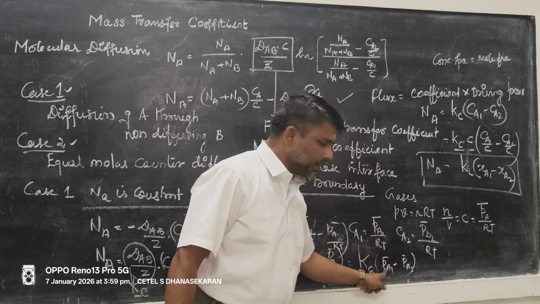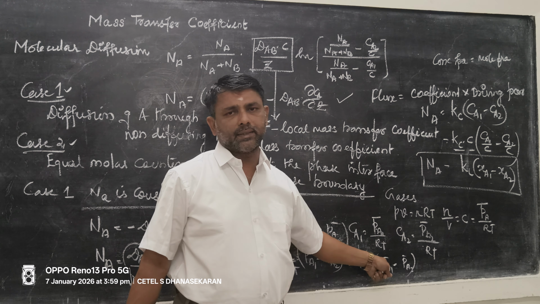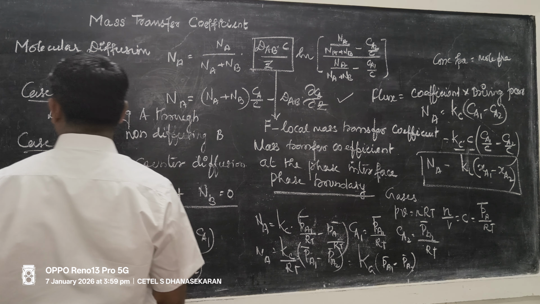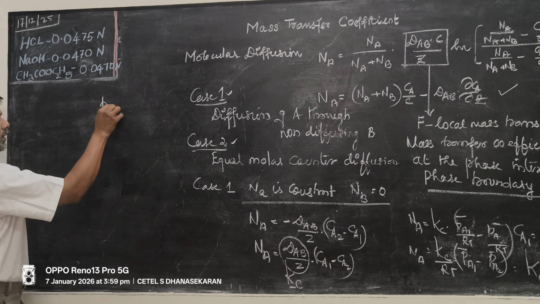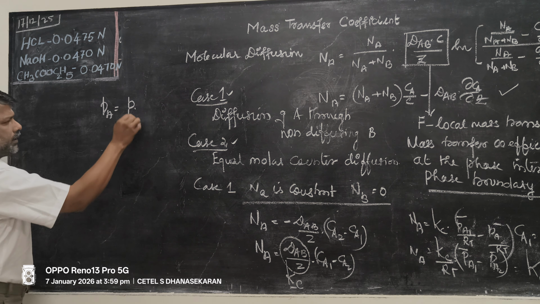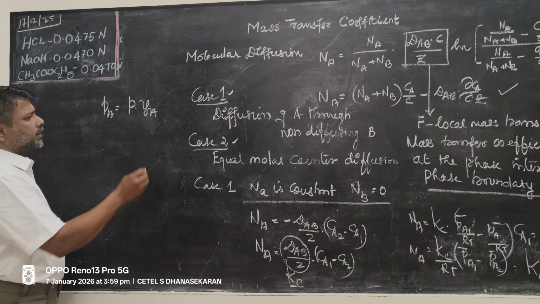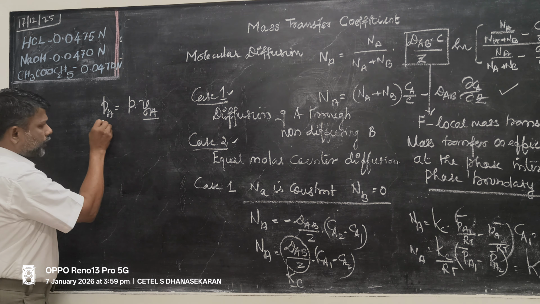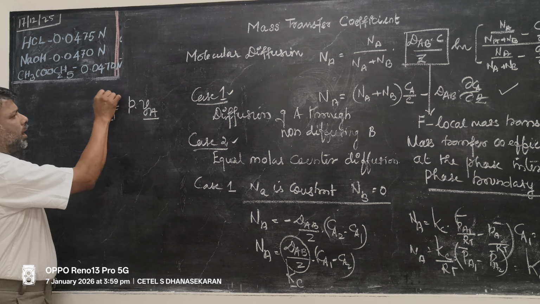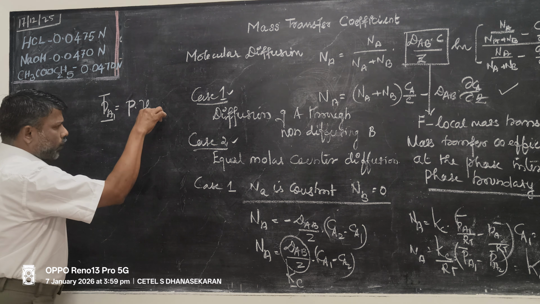Instead of partial pressure, you can use the mole fraction in gases. That means partial pressure of A is equal to total pressure into its vapor phase or gas phase concentration. This is the mole fraction of A in the vapor phase. So PA1 bar is equal to total pressure into YA1.